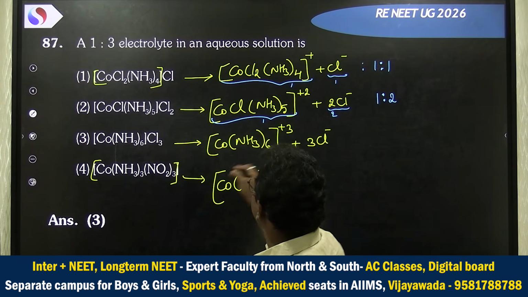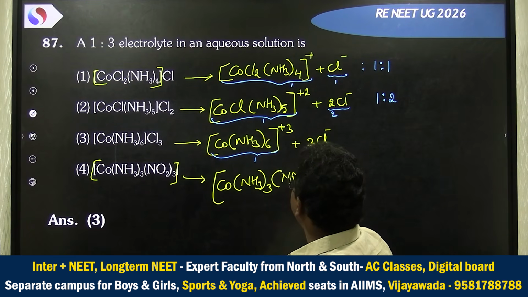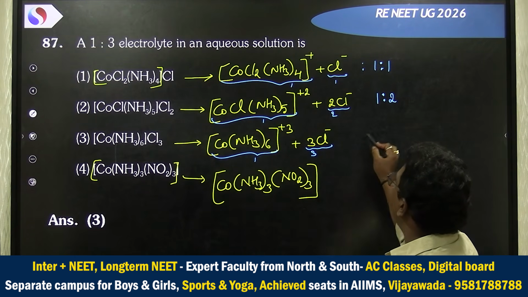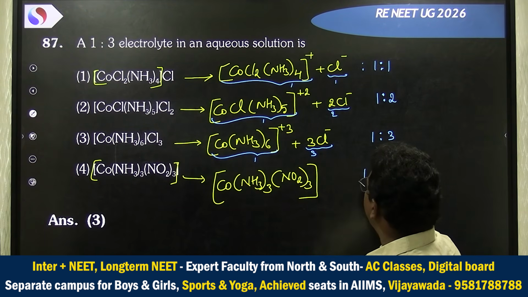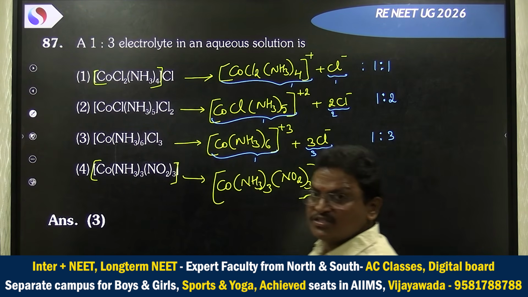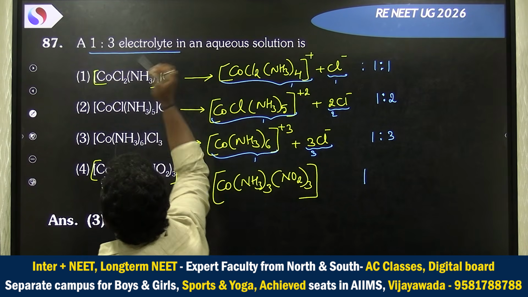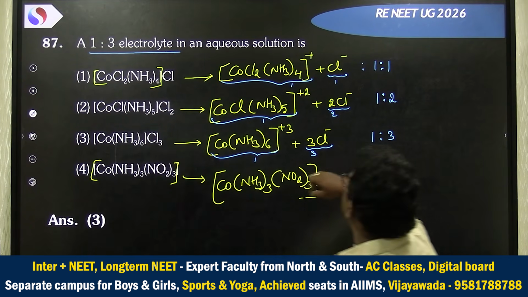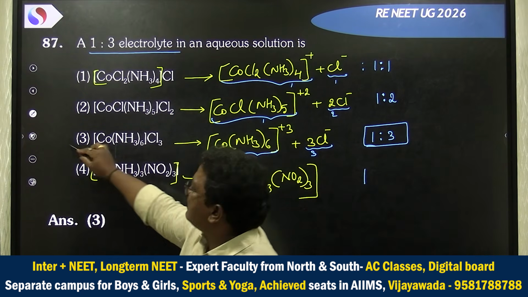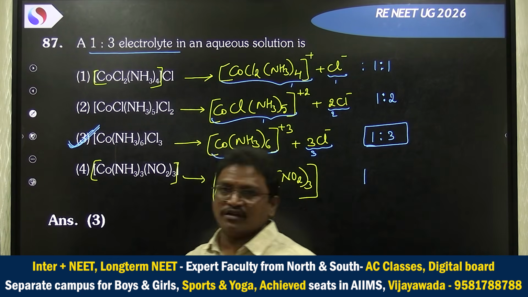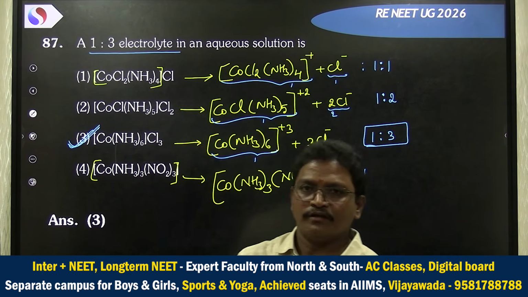And ఇక్కడ వచ్చేసరికి కాంప్లెక్స్ అయాన్ ఈజ్ 1 అండ్ ఎన్ని క్లోరిన్స్ వచ్చినాయి? 3 క్లోరిన్స్. అప్పుడు 1:3. అండ్ ఇది సింగిలే కాబట్టి 1. క్వశ్చన్‌లో ఏం మెన్షన్ చేశాడో క్లియర్‌గా చూడండి. 1:3 రేషియోలో ఎలక్ట్రోలైట్స్ అనేవి ఫామ్ అయ్యేది కాంప్లెక్స్ ఏది? 1:3 మనకి ఎక్కడ వచ్చింది? ఇక్కడ వచ్చింది. దిస్ ఈస్ ద ఆన్సర్. అంతే, ఇంతకన్నా మనకు ఎక్స్ట్రా ఏ క్యాలిక్యులేషన్స్ అవసరం లేదు. నెక్స్ట్ క్వశ్చన్‌కి వెళ్దామా?